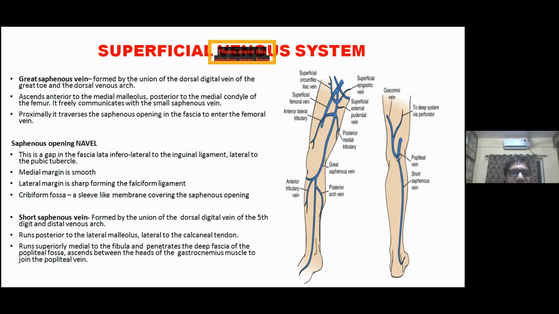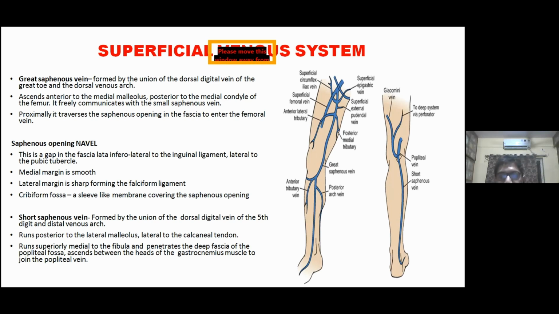Now, what is the short saphenous vein? It is formed by the union of the dorsal digital vein of the fifth digit and the distal venous arch. It runs posterior to the lateral malleolus, lateral to the calcaneal tendon, that is tendo Achillis. It runs superiorly, medial to the fibula, and penetrates the deep fascia of the popliteal fossa, ascends between the heads of the gastrocnemius muscle to join the popliteal vein.